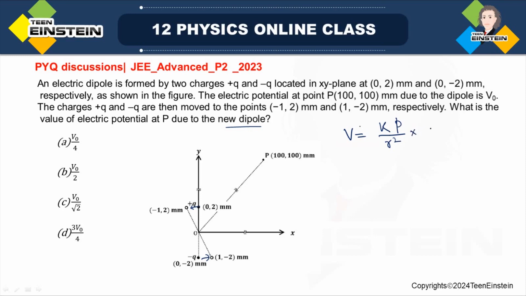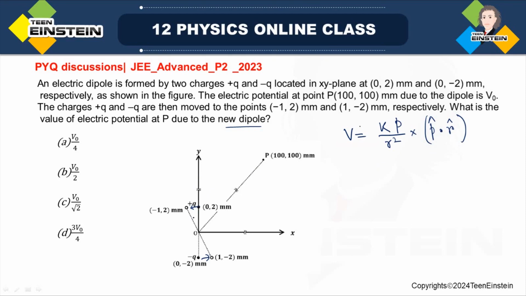Along with that, one factor will be multiplied. This is P cap dot R cap. So P cap is the direction or unit vector along the dipole moment, and R cap is the unit vector along the direction of the position vector.